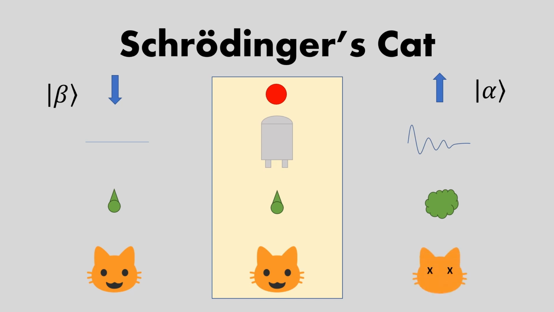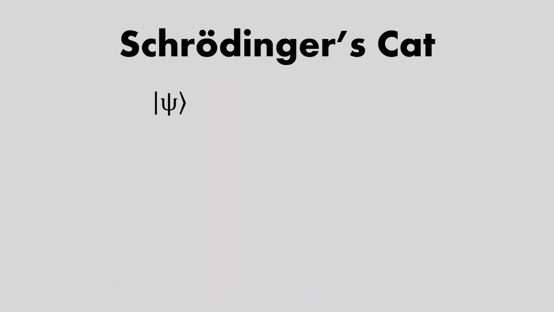Since the box is closed, we have no way to monitor the proton, so we will describe it as a linear combination of alpha and beta. So we are describing the proton as in both up and down state.